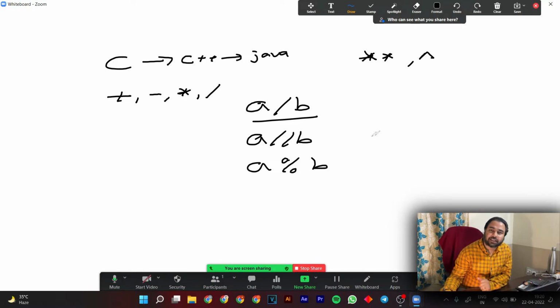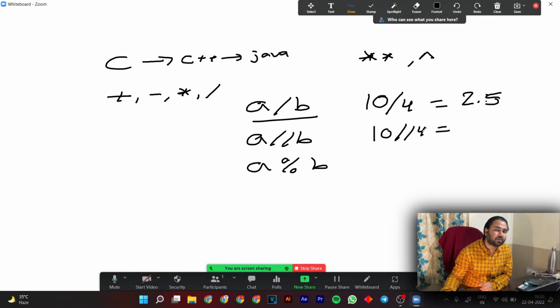Now, let's see this with an example. If I have 10 divided by 4, that simply means divide 10 by 4 and what you get is 2.5, that is the fraction value. But if I use 10 double slash 4, it simply means ignore the fraction value, go to the integer value, and you get 2.